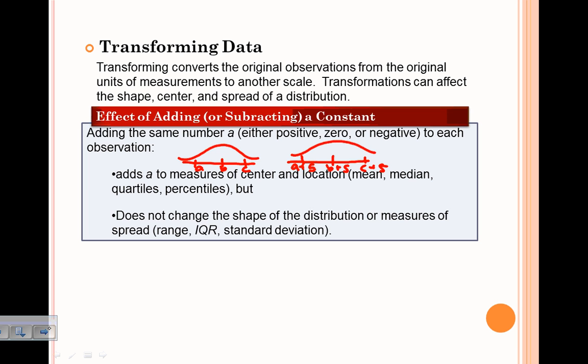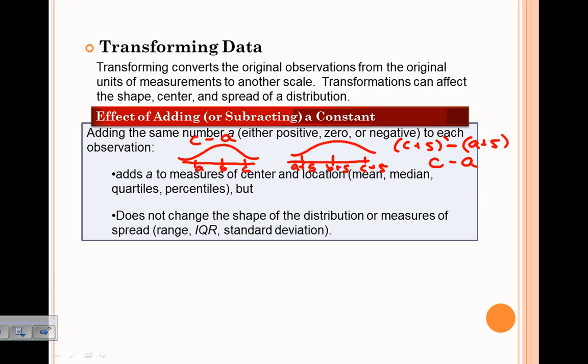Well, my center is now changed to the positive, so I would change my center by just adding 5 to my center. What about the spread? Here, this guy over here had a spread of C minus A. Well, this spread would be C plus 5 minus A plus 5, which would be C minus A. So the spread would not change.